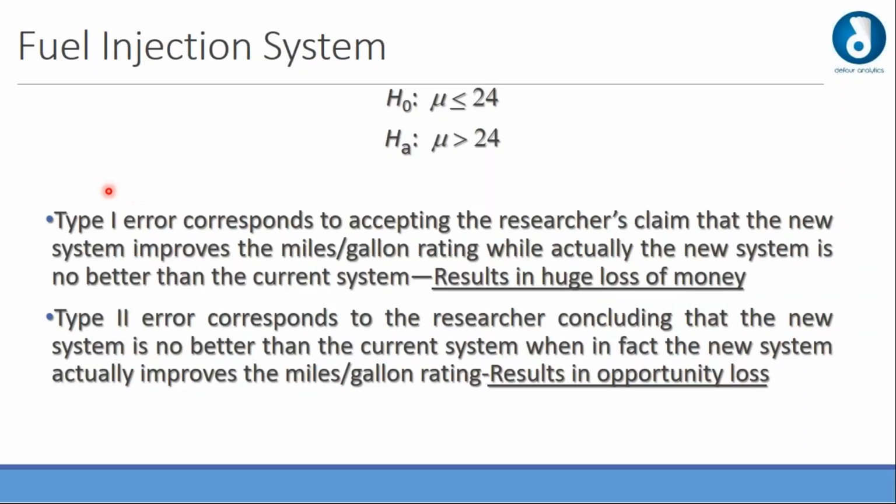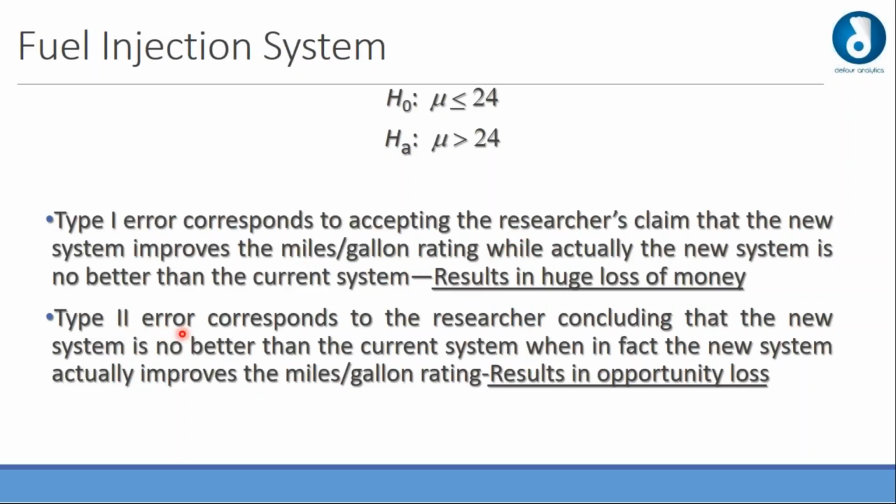We will be making a type 1 error if we accept the researchers' claim that the new system improves the miles per gallon rating, while actually the new system is the same as the current system. What will it result in? It will result in a huge loss of money for that manufacturer.